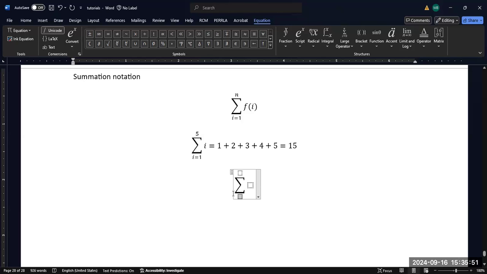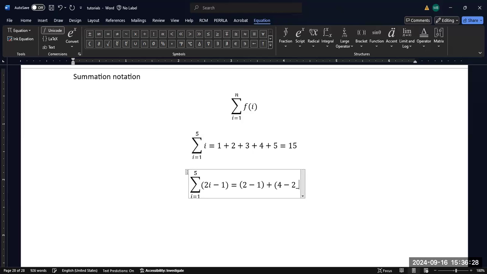So let's say I started with I equals 1 to 5 of, and again, the stopping number can be different, 2I minus 1. So now this is a little bit more complicated, but the procedure is still basically the same. We're going to start with I equals 1, plug it into our formula, and then keep doing that and add up all the results. So when I is 1, this is going to be 2 minus 1. And then when I is 2, this is going to be 4 minus 1.